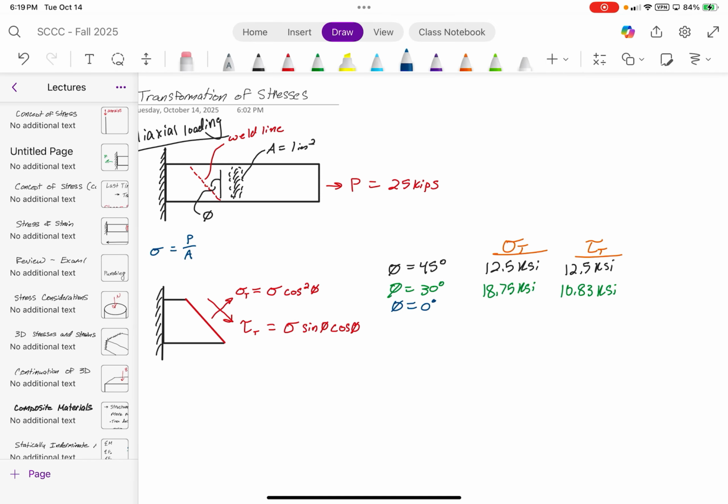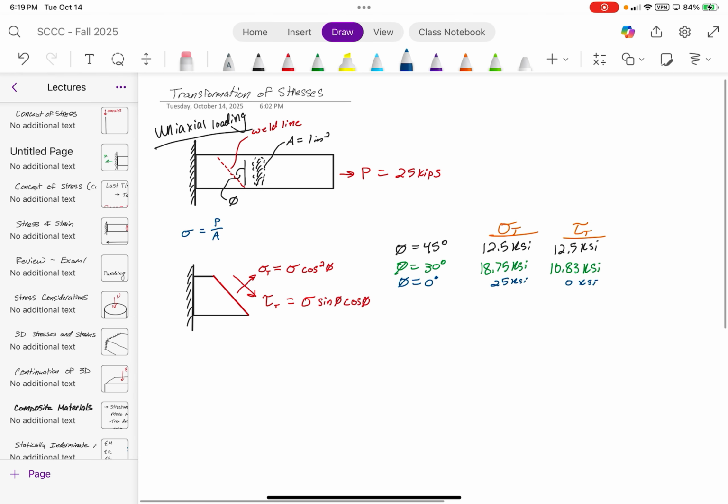Would it be 25 for the top and 0 for the bottom? Yes. And the reason for that is that technically the weld is then just parallel to the cross section, so you would just need to design the weld for the full axial load. Does that make sense? Great. And that's pretty much stress transformations.